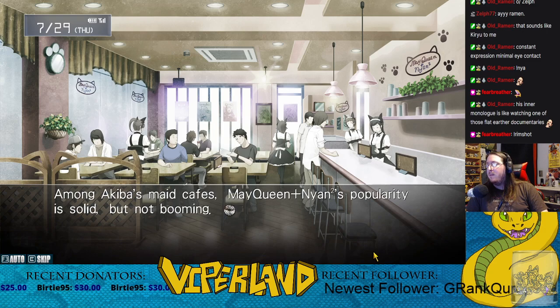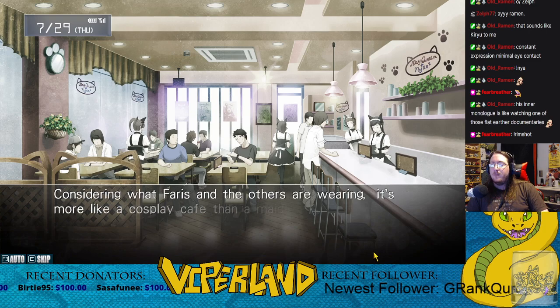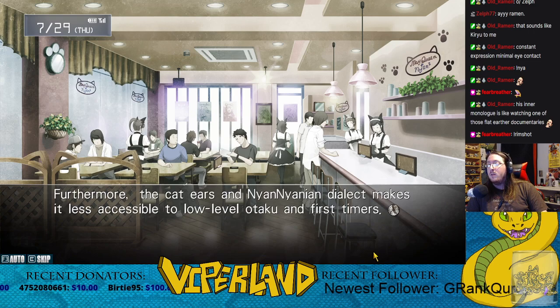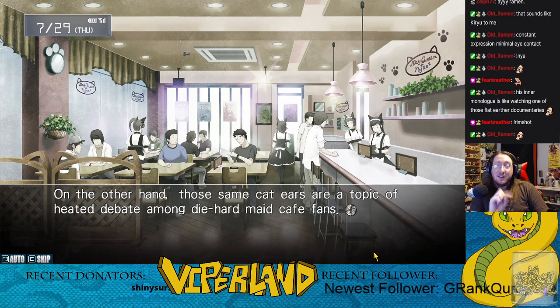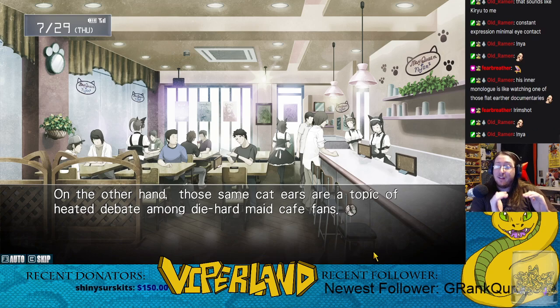Among Akiba's maid cafes, Maid Queen Nyan Nyan, I'm just gonna call it Nyan Nyan, its popularity is solid, but not booming. Considering what Ferris and the others are wearing, this is more like a cosplay cafe than a maid cafe. Furthermore, the cat ears and Nyan dialect, it's got an official term now, makes it less accessible to low-level otaku and first-timers. You gotta be high-level otaku to deal with nyans. High-level, advanced stuff.